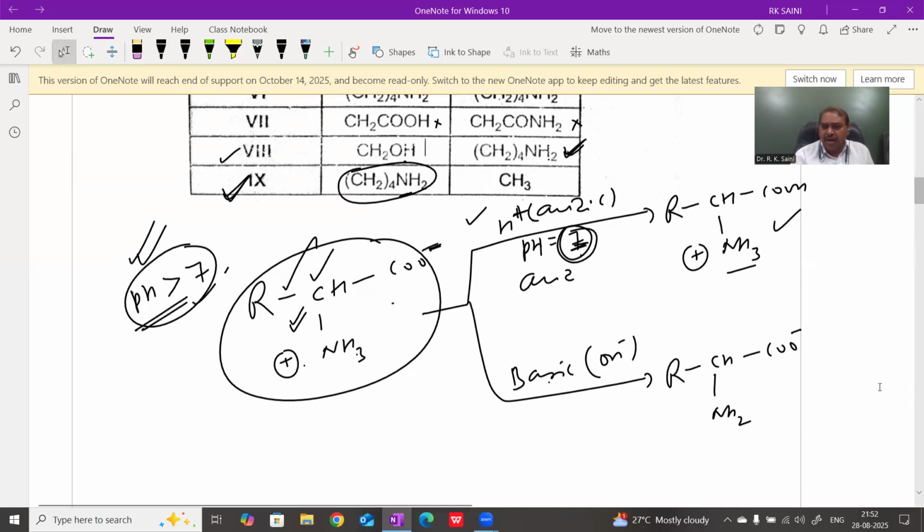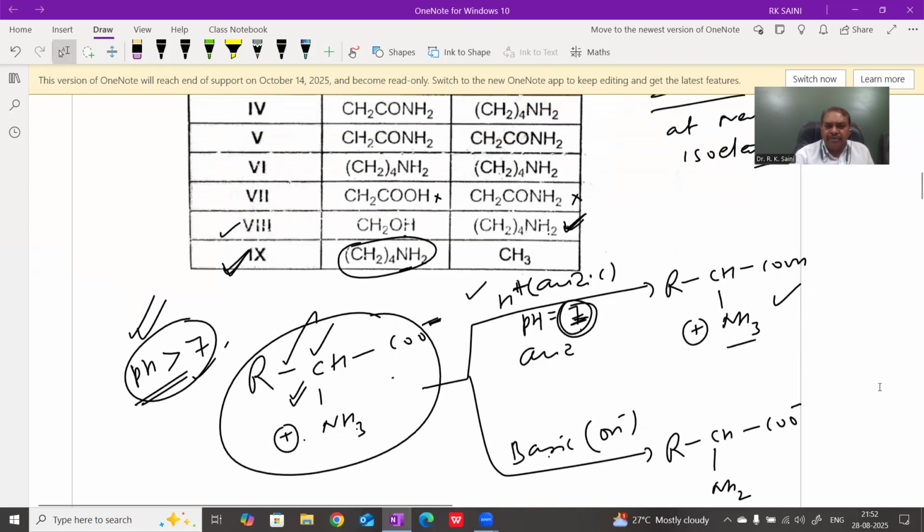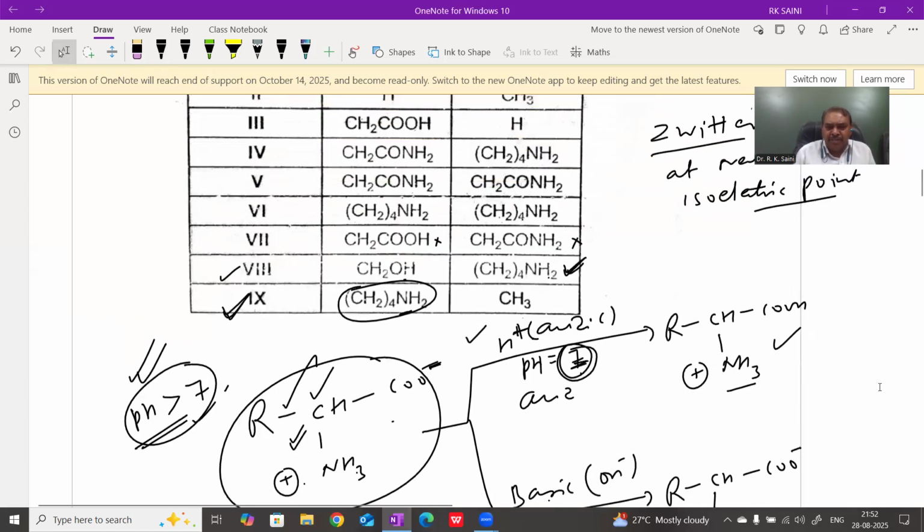मतलब आपको क्या करना है, बेसिक ग्रुप्स अटैच करने हैं। So we identify basic groups: 8 and 9 both are basic. Option 6 is also basic and possible. Option 5 is not possible because amide is nearly amphoteric.